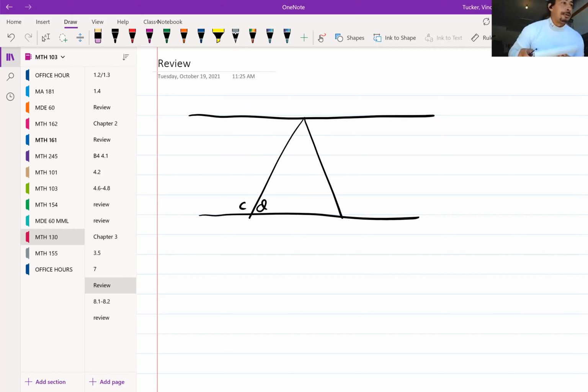What is this called, what we're doing right now? They wanted us to just find the measures of angles A through E. Alternate exterior angles and stuff like that. Is that what this is?